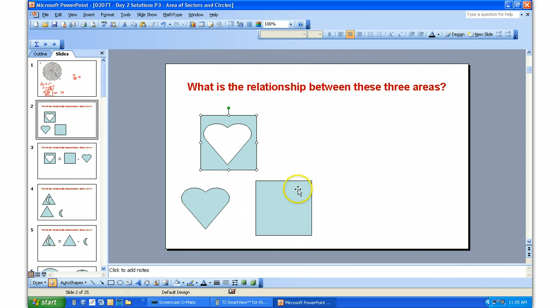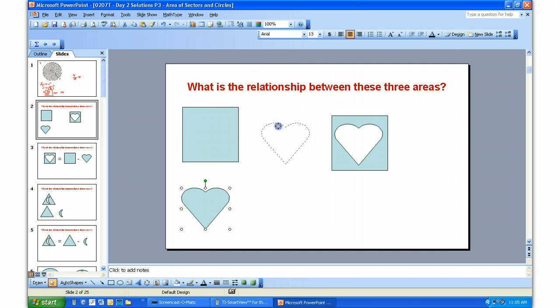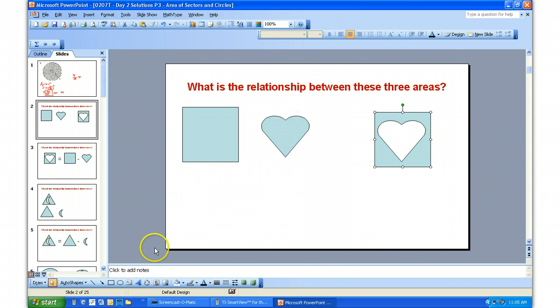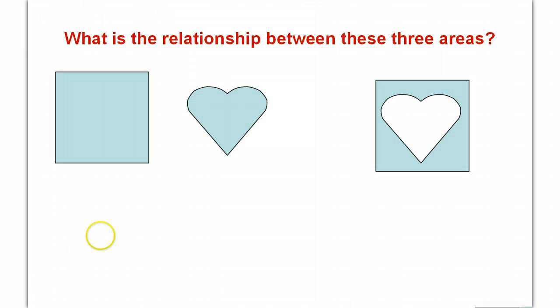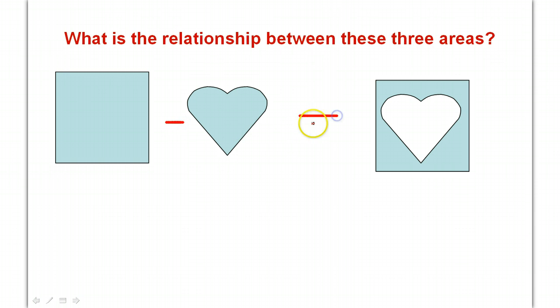Nope, I see the next slide. That's all right, we're there. It's fine. He said if we do the square and we subtract the heart, come back to me. He said if we do square minus heart, that's going to give us this empty shape right there as well.